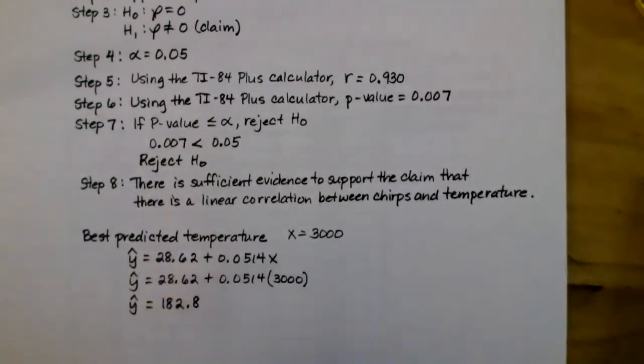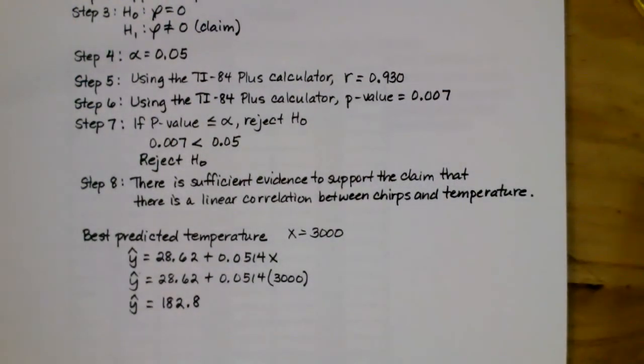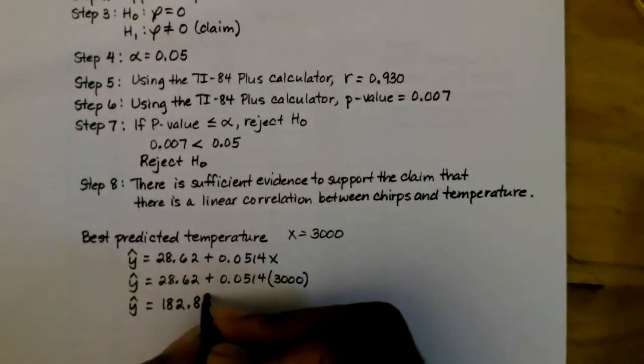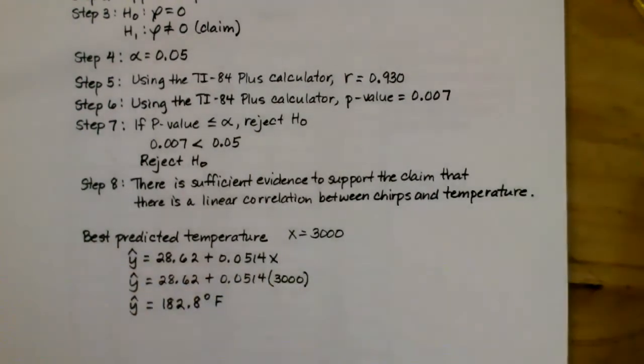Now, if you look at this, the best predicted temperature for a time when a bug is chirping at the rate of 3,000 chirps per minute is 182.8 degrees Fahrenheit.